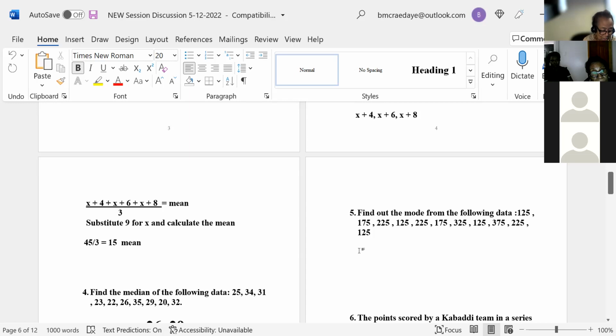Alva, what do you say the mode is? No, the mode is the one that appears the most. Which one appears more than the others? Look at your data.